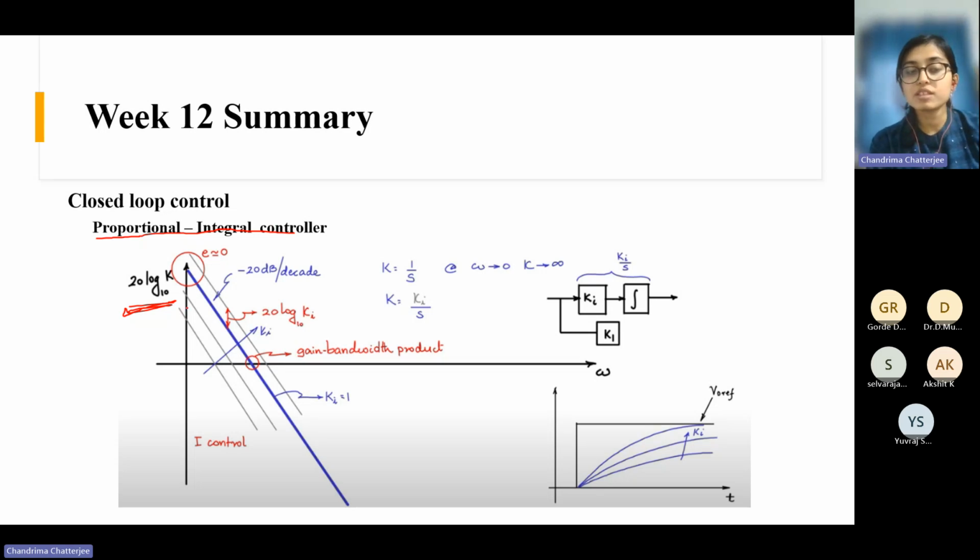Because when the frequency is very low, that is, the signal is almost DC in this region, you are getting a very high gain, right? The gain is high. And as the frequency is increasing, your gain is decreasing like this. And after this point, it is 0, and then it is going negative, right?